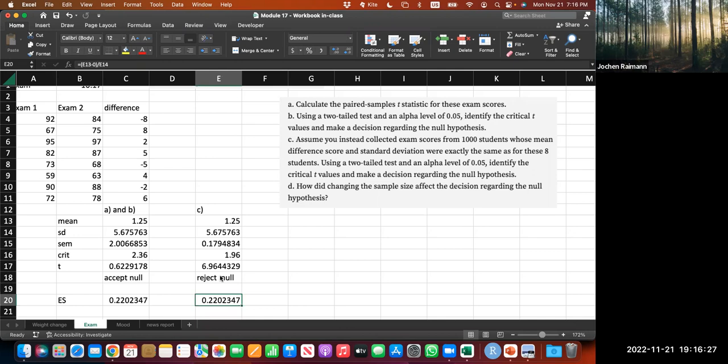Because usually you do hypothesis testing based on the t-score, right? So you have a critical t-score. Once this is exceeded, you basically would reject the null hypothesis, which you do not do with a t-score that is smaller than your critical t. But if you have a very large sample size with the same variability, with the same standard deviation, you get a substantially smaller standard error of the mean. You remember the conversation we had.